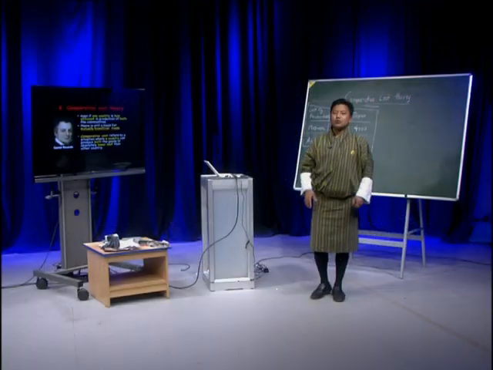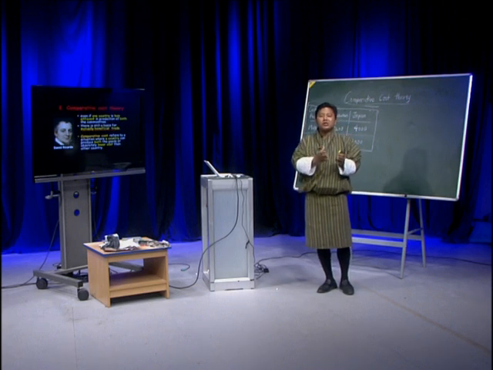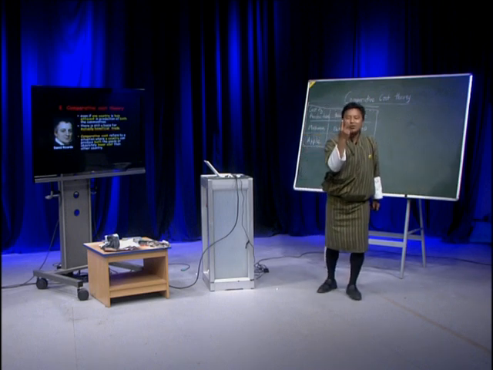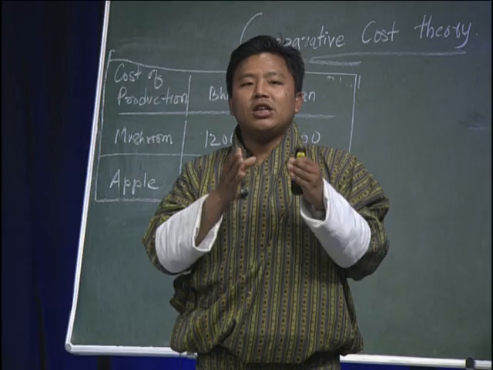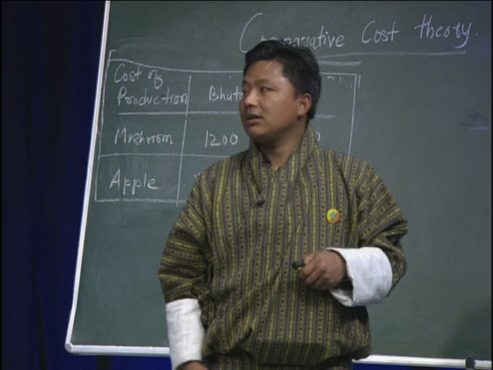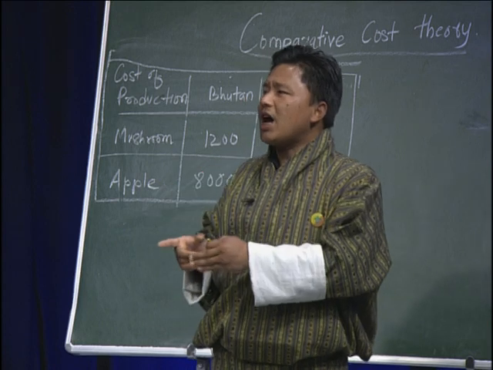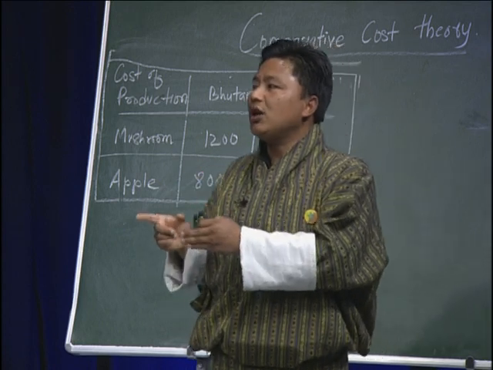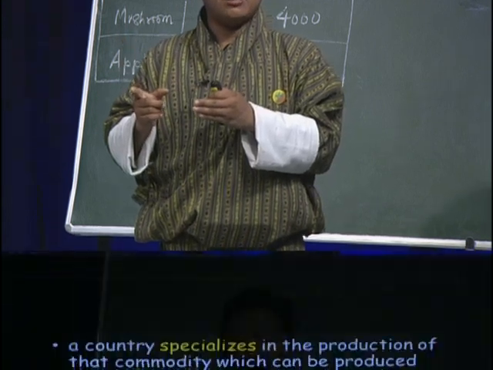However, even if the country has absolute advantage in the production of both goods, this country will not specialize in producing both goods. Instead, the country specializes in the production of the commodity which can be produced more efficiently.